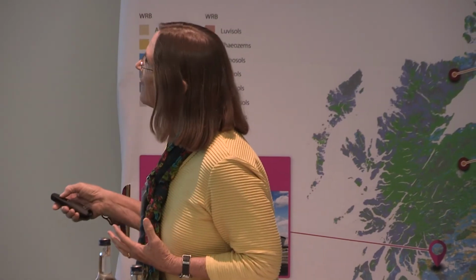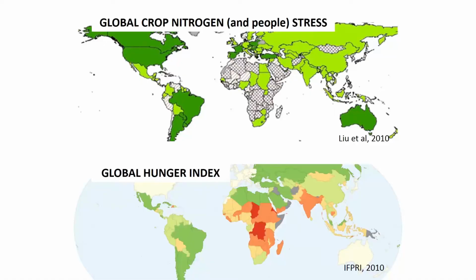The hatch marks, you'll see most of sub-Saharan Africa, parts of Latin America, parts of Central Asia. What those hatch marks means, there's not enough nitrogen going into the soils of those countries to produce enough protein for people. It's striking.